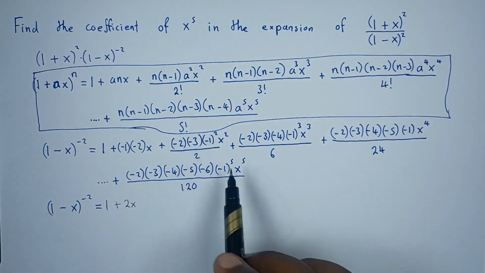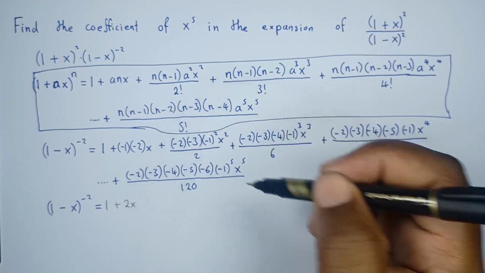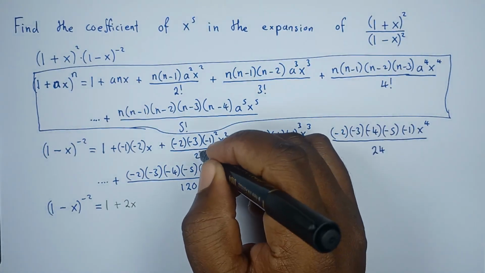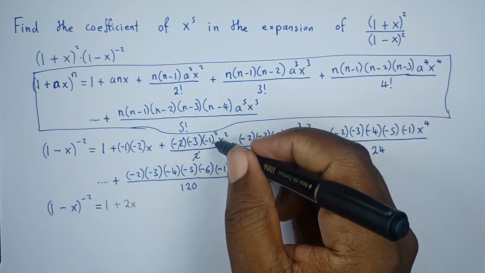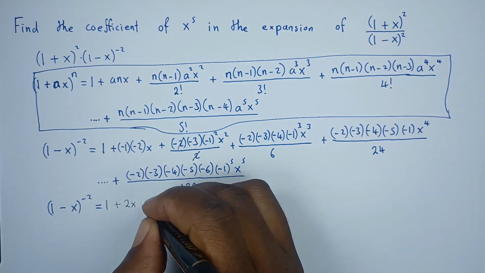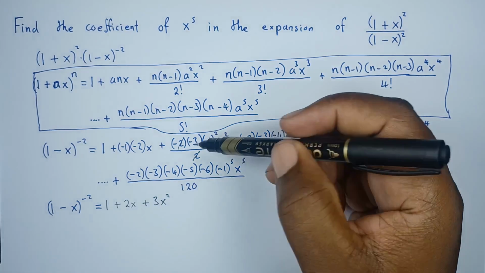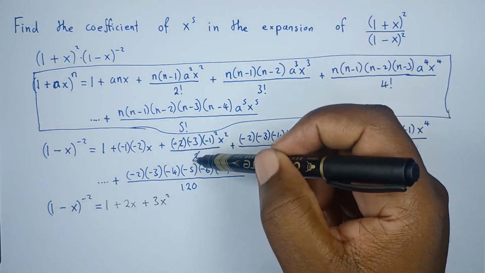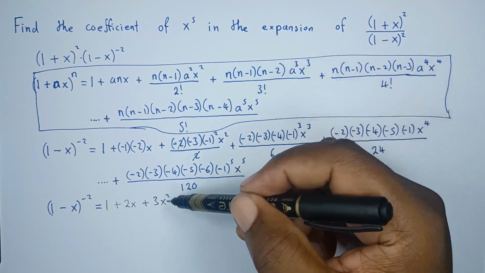Then for this part, this is negative, negative, positive. These two can cancel with these two. So we just remain with a 3 and this 1. So we just say plus 3x squared. Remember, negative, negative, positive. These two cancel with that 2. We just remain with 3. This one here is -1 squared, so it's just 1.